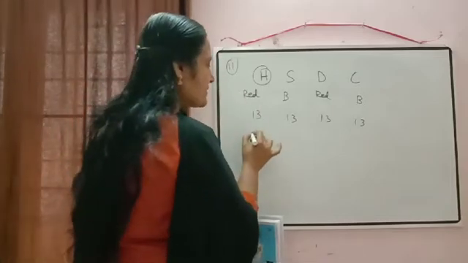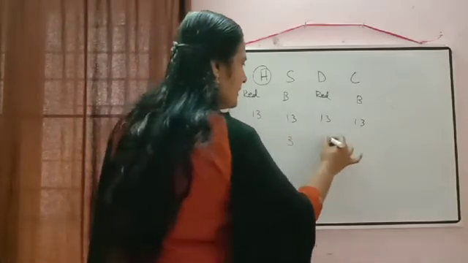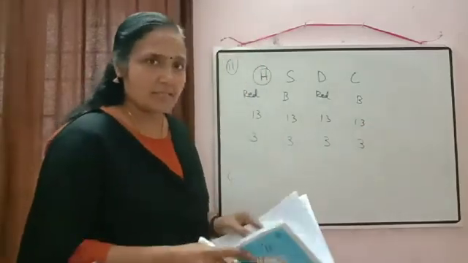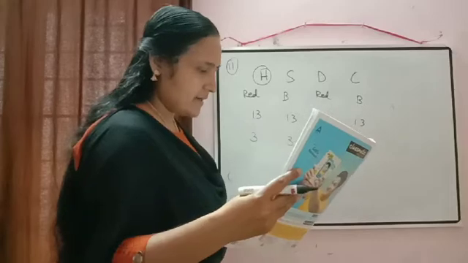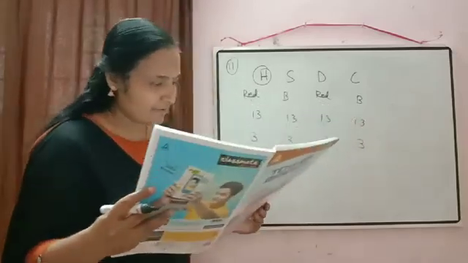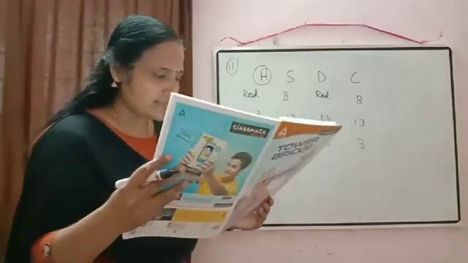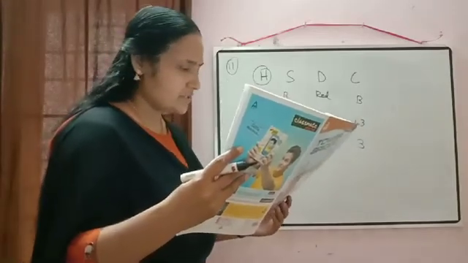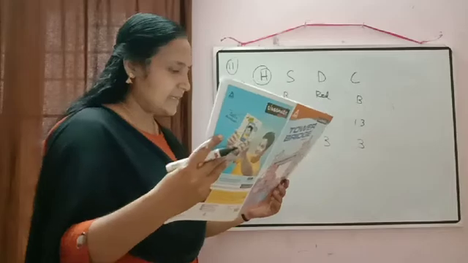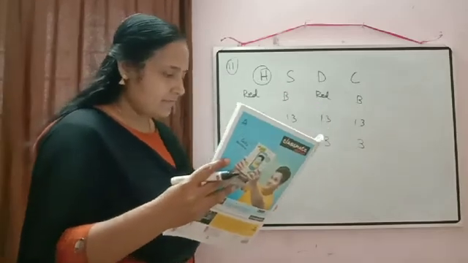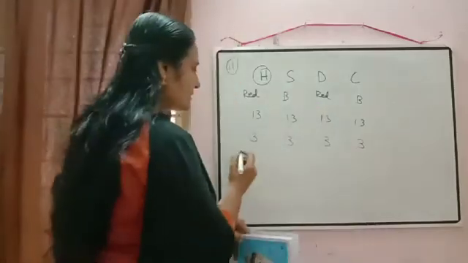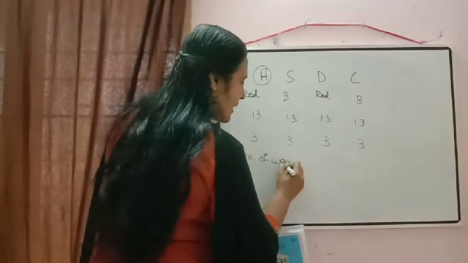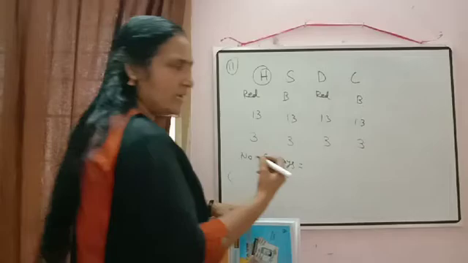So how many face cards? 3 in each suit. So the first question asked is: what is the number of ways of selecting 4 cards from a pack of 52 cards? So what will be the answer for that one? Yes, the number of ways is equal to, out of 52 cards, how many do we need? 4.